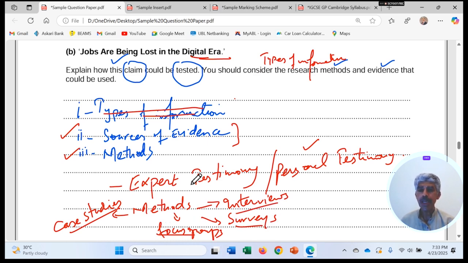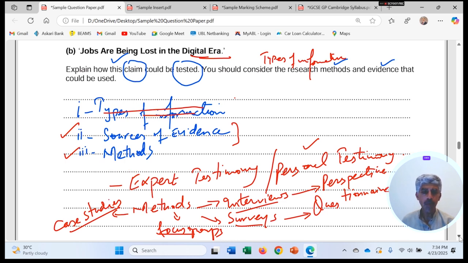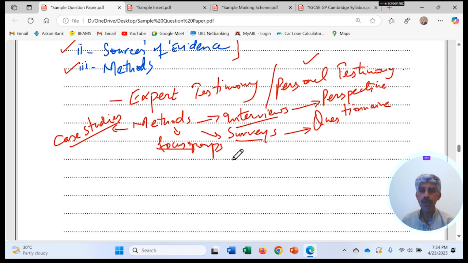For the sake of testing the claim given at the top, we can take interviews of the people to find out their perspective about the issue, and we can also conduct surveys through questionnaires, and get first-hand data, the primary research. Focus groups and debates give you multiple perspectives.